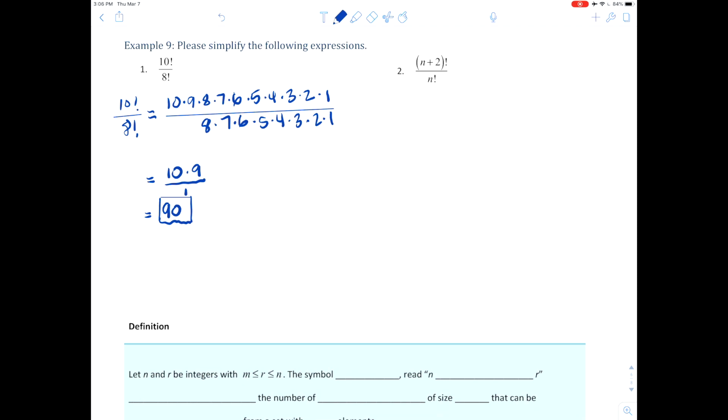Couldn't we rewrite 10 factorial divided by 8 factorial as 10 times 9 times 8 factorial over 8 factorial? So what I did here is I just said, this here is 8 factorial.